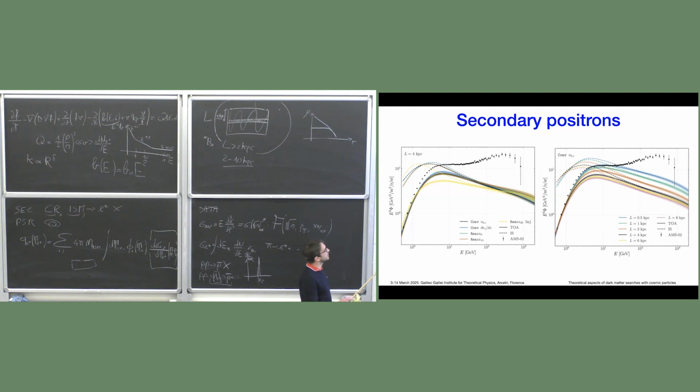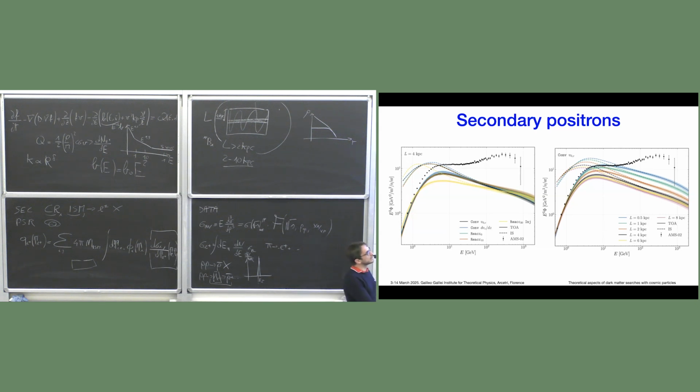These three bands are for three different propagation models. They include either only convection or only reacceleration, or different assumptions for reacceleration and convection. But regardless of the model that you pick, it's clear that something else is needed.